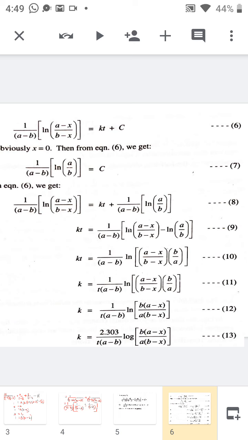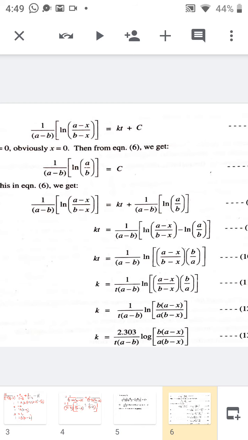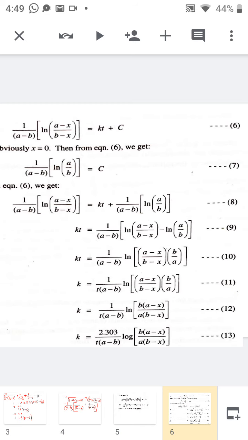So equation 13 is the integrated rate expression for the second order reaction having two different reactants A and B. This equation is very important. You should learn equation number 13 by heart, the integrated rate expression for the second order reaction having two different concentrations. I hope that you understood the concept, and you should study how to derive the second order reaction. Thank you.